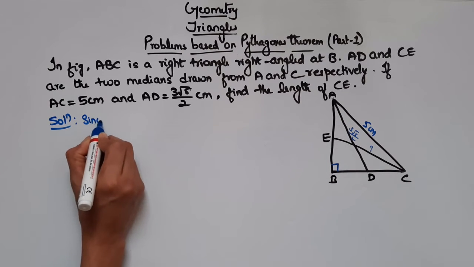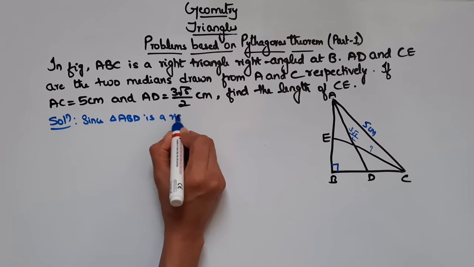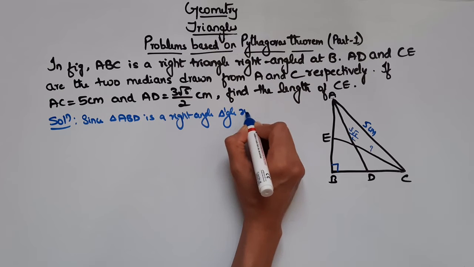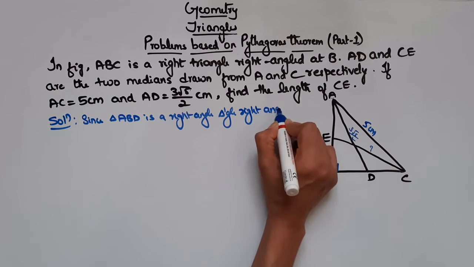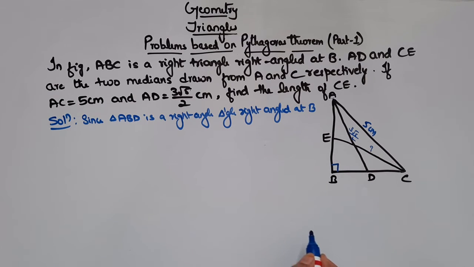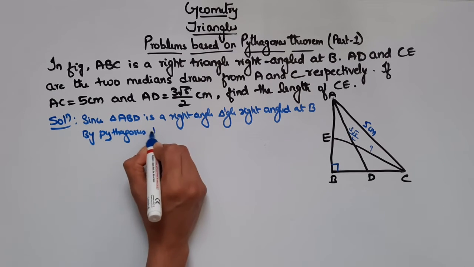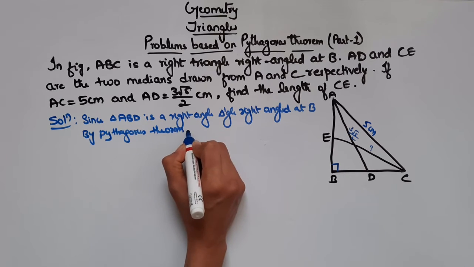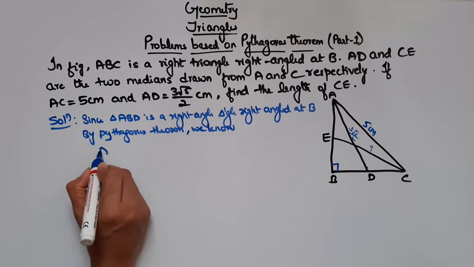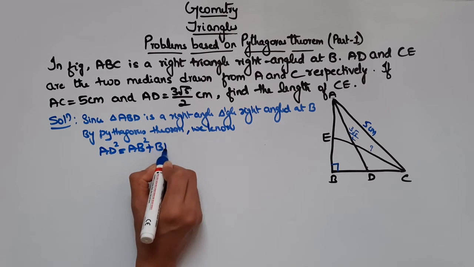Since triangle ABD is a right angle triangle, right angled at B, by Pythagoras theorem we know AD square is equal to AB square plus BD square, right?